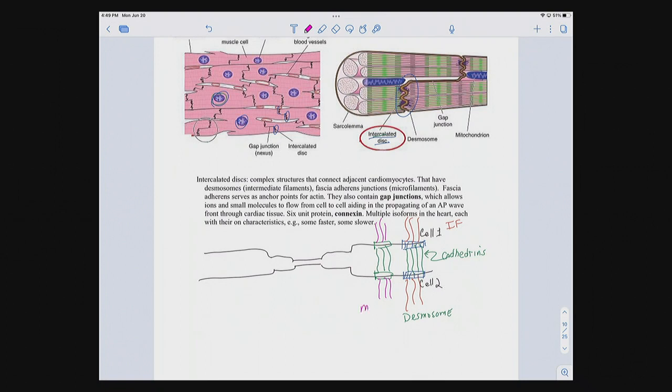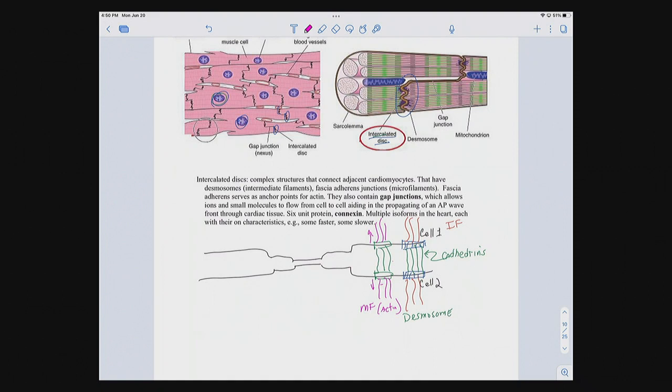So I'm going to say microfilaments. In particular, these are actin. So actin actually interfaces here, and so this is the actin that's going to be the beginning of the actin-myosin interface, so that when you have the ratchet action, it's actually going to draw the cells to be smaller. But again, you still have the cadherins in the middle to kind of keep it together.